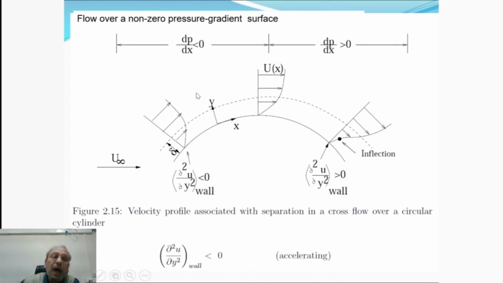And when we have negative pressure gradient, that means favorable pressure gradient, the term ∂²u/∂y² at the wall is also negative. But when we have positive pressure gradient or adverse pressure gradient, this term ∂²u/∂y² at the wall is positive.